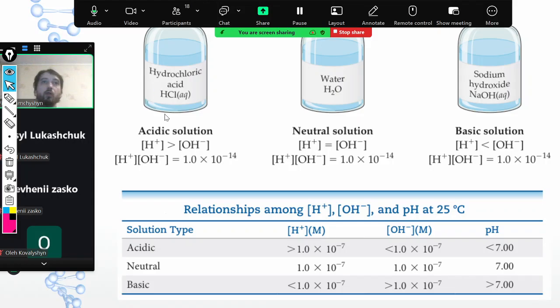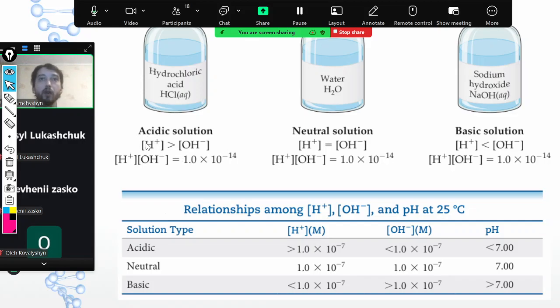So basically all its hydrogens will be attached to waters. You remember that H+ and H3O+ are interchangeable. And here you see in acidic solution you have much more H+ than OH-, but if you multiply the concentrations, they still give you the same number. Why? Because this is just a dynamic equilibrium for the reaction of H+ and OH- combining into water.